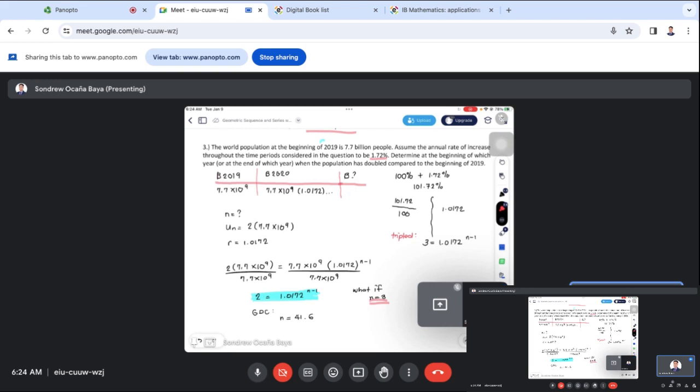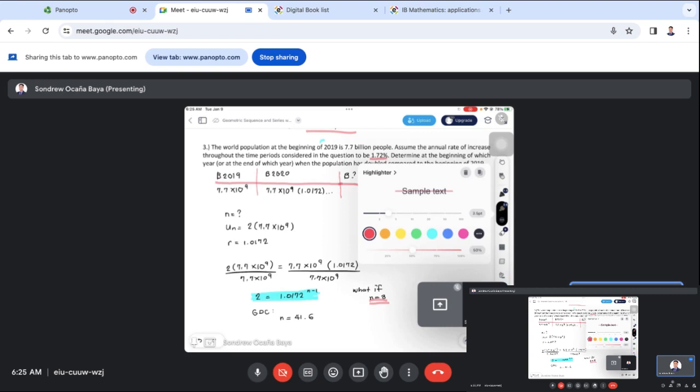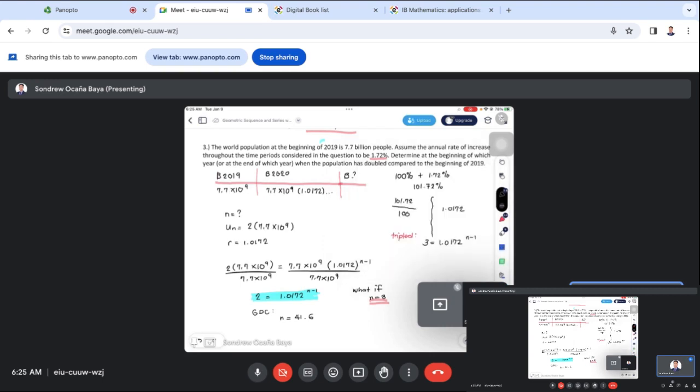If you were confused, rewind my explanation. So in this case, 41.6, since we include 2019, for us to get the year, we have to add to 2019 not 41.6, but rather 40.6.